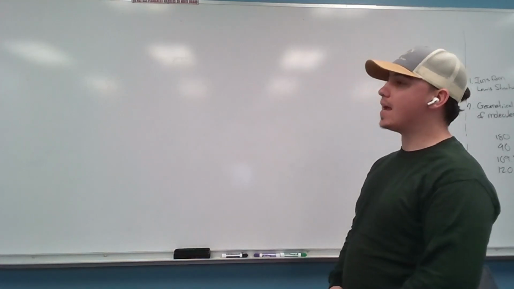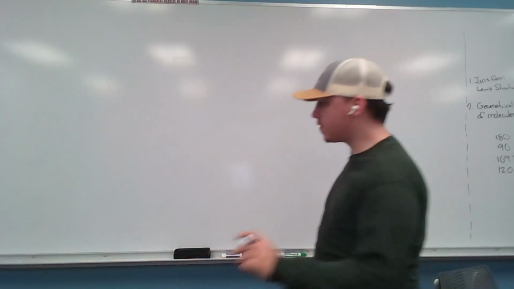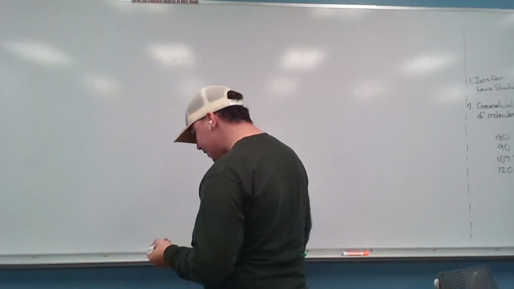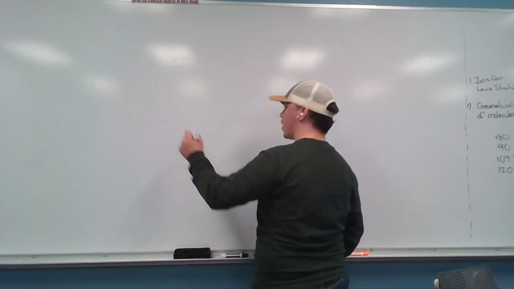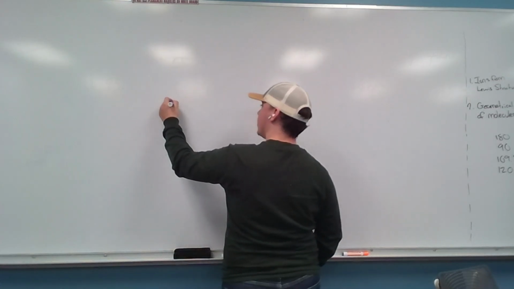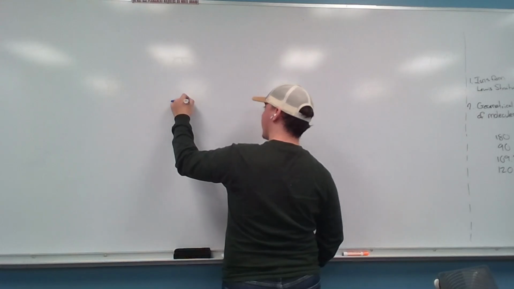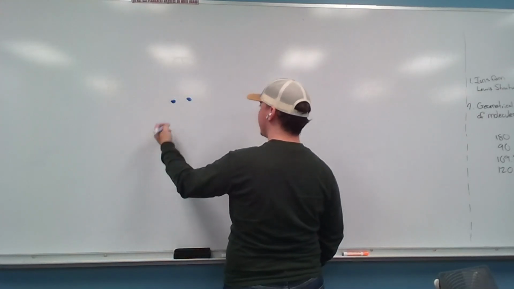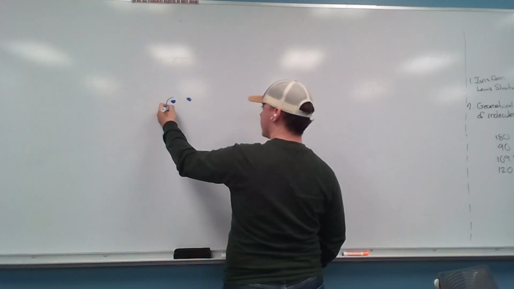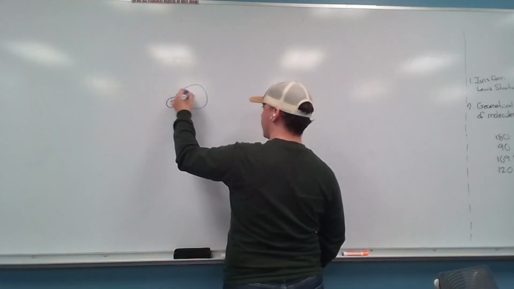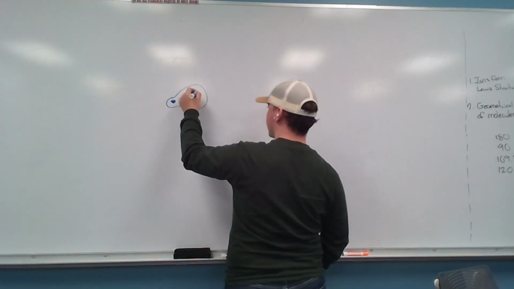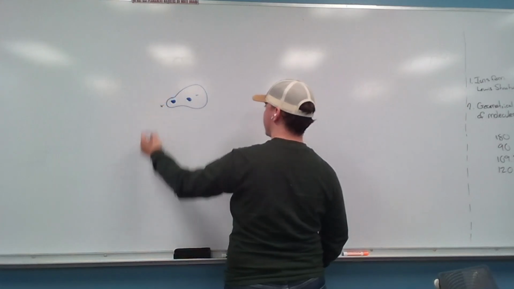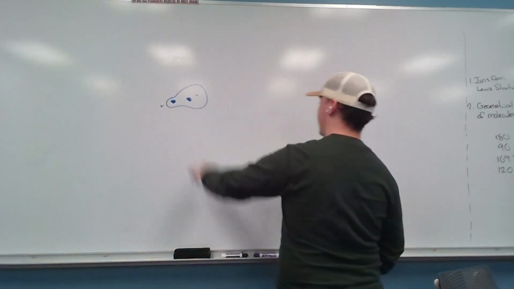Let's talk about the H bonds and the dipole-dipoles first, specifically the dipole bonds. When you have a covalent bond, let's have an atom here and an atom here, they have polar ends. One end is positive and the other end is negative, because this one has all the electrons and this end has no electrons, so it is slightly positive.